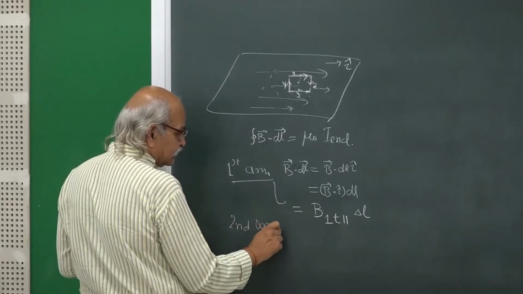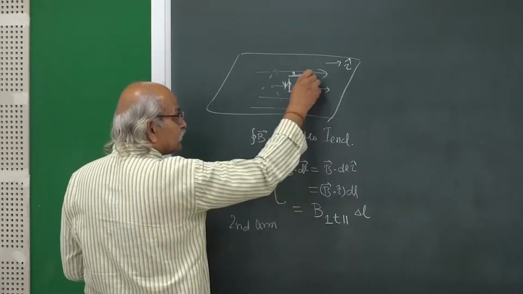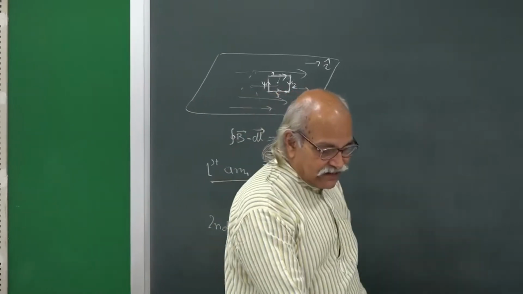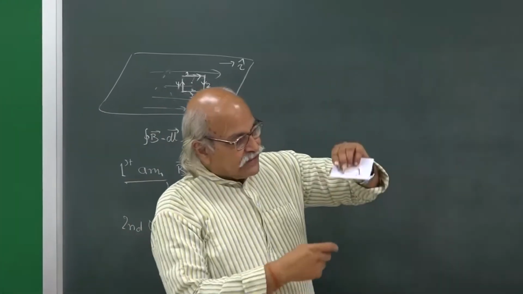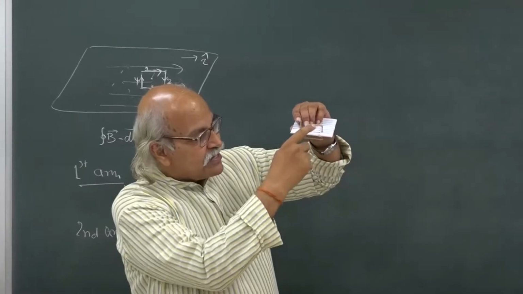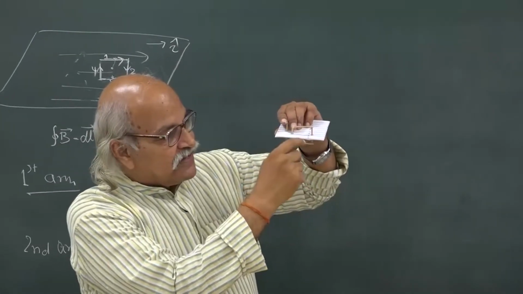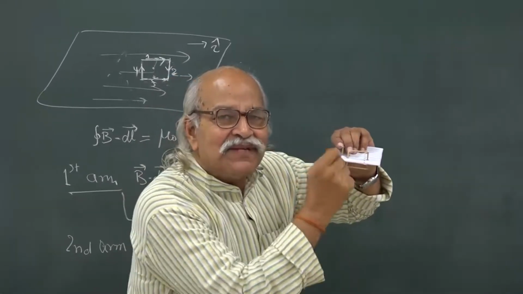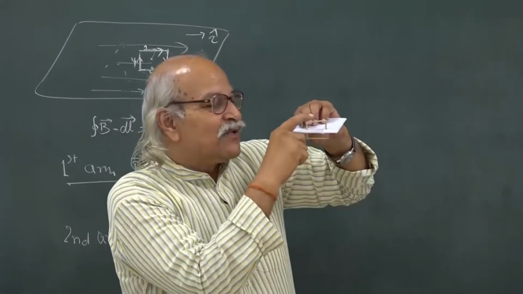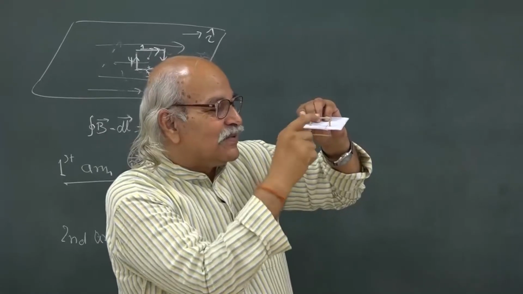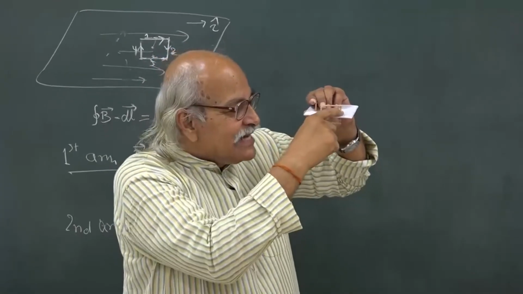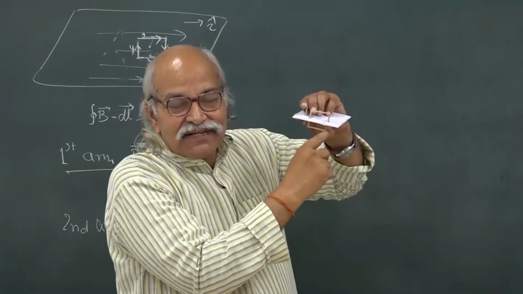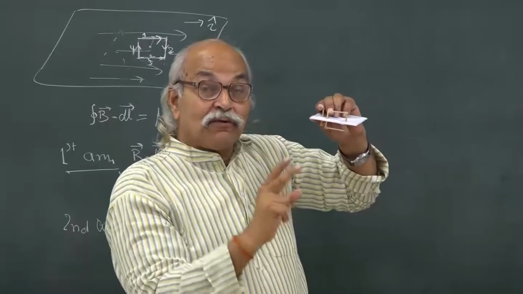The second arm is this one, this length. Now, once again the two points we have taken, here a point and here a point, are above the surface and below the surface. They are just above and just below. That means the length of this vertical line is nearly 0.